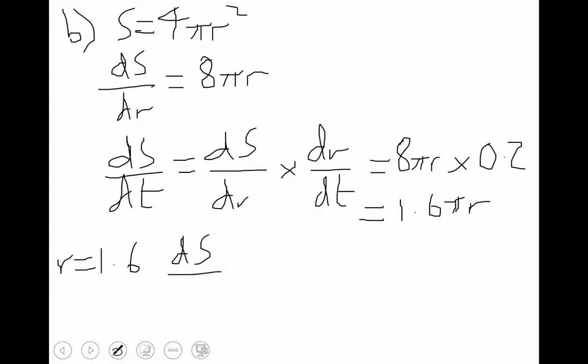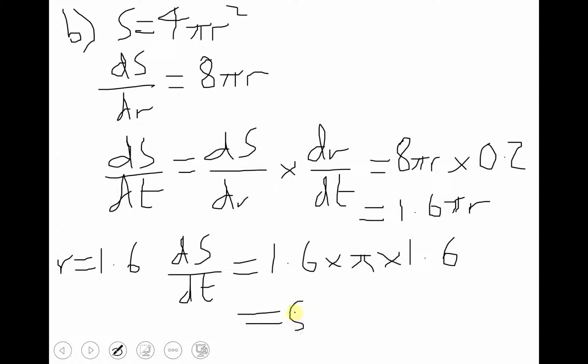So dS by dt equals 1.6 times pi times 1.6. Looking at using a calculator, we get 8.04 to 3 significant figures.